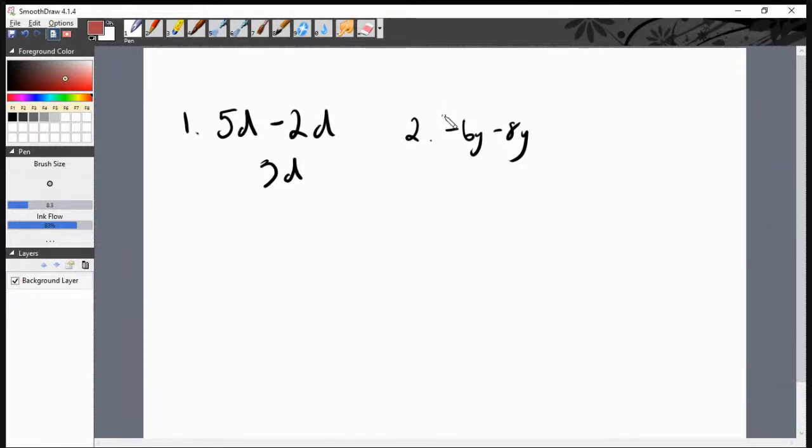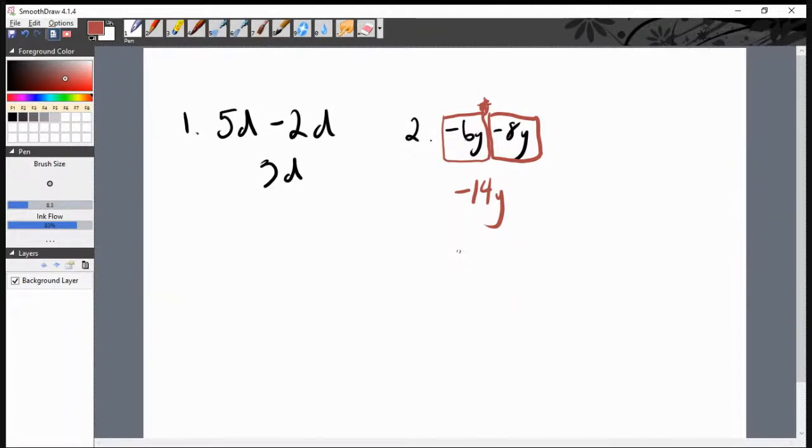You have one negative number, negative 6y, another negative number, negative 8y, and you're combining them. You're adding them together, essentially. So don't let that addition confuse you. When you combine these together, what you end up getting is negative 14y. Since they're both negative, it's going to be a negative 14y.